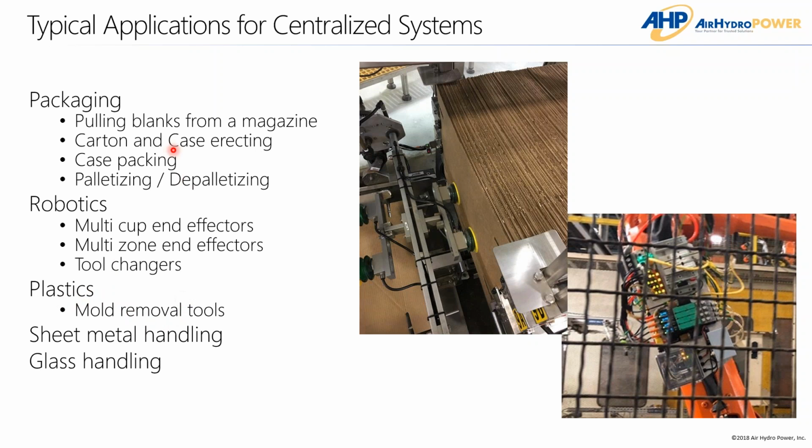Plastics, mold removal tools, is kind of the same concept: not a need for multiple zones, you just have lots of cups acting on one part. Sheet metal handling and glass handling: sometimes, although you'll realize a little bit later with decentralized systems, you get a lot more safety and control when you're handling these.